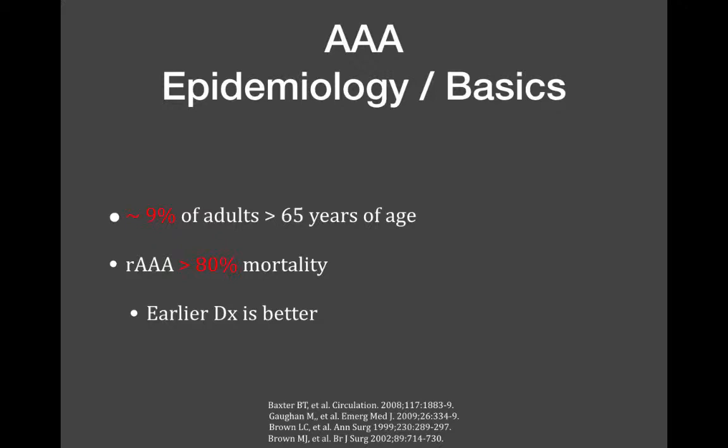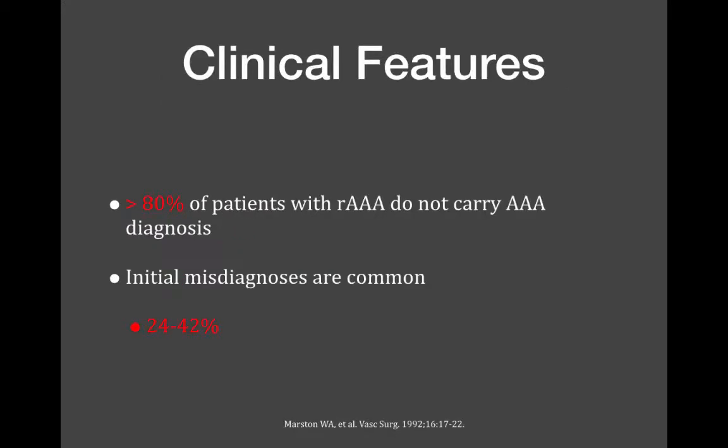We also know that ruptured AAAs are bad. Mortality exceeds 80%. The earlier we diagnose these, the earlier they can be cared for in an operative setting, the better that they do. This is another scary stat. Over 80% of patients that present to hospitals with ruptured AAAs don't carry a diagnosis of AAA.